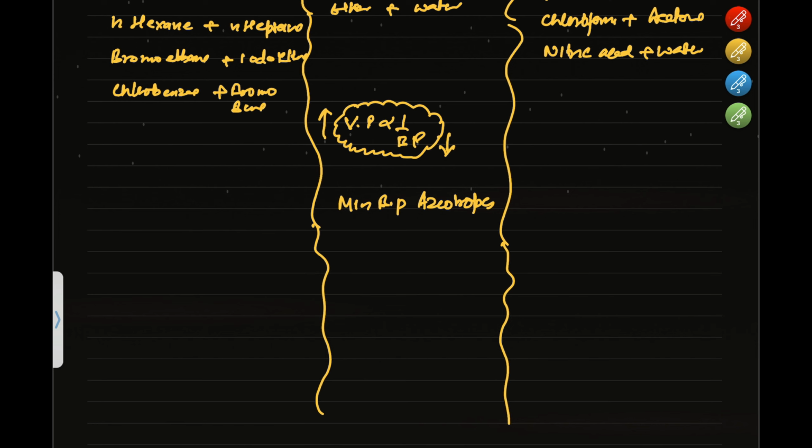We will discuss azeotropes a few minutes later. Okay, a negative deviation solution forms a maximum boiling azeotrope, because vapor pressure is inversely proportional to boiling point.